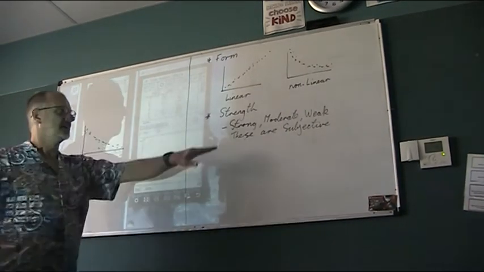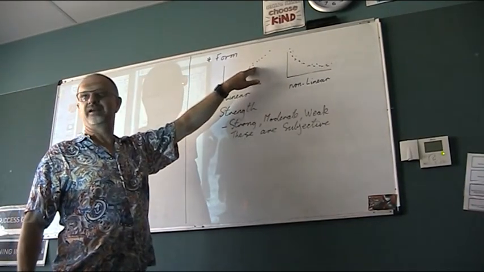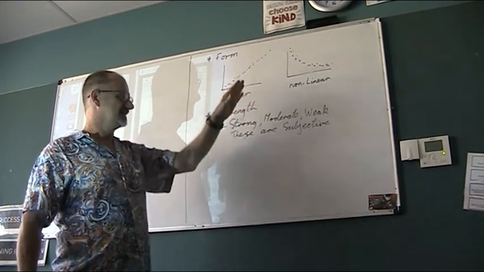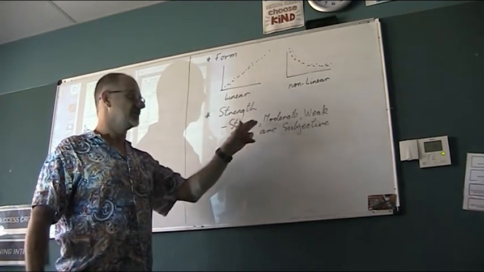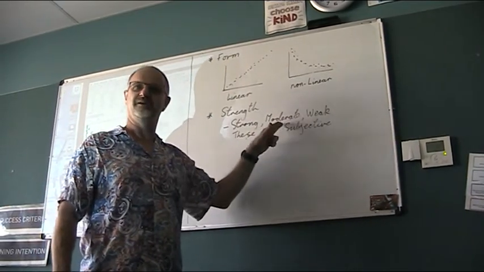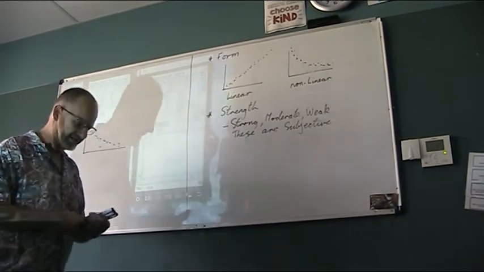Everyone's probably going to say that one is strong, but once you start to get things spread out a little bit, it's subjective about when it stops being strong and starts being moderate, when it stops being moderate and becomes weak.